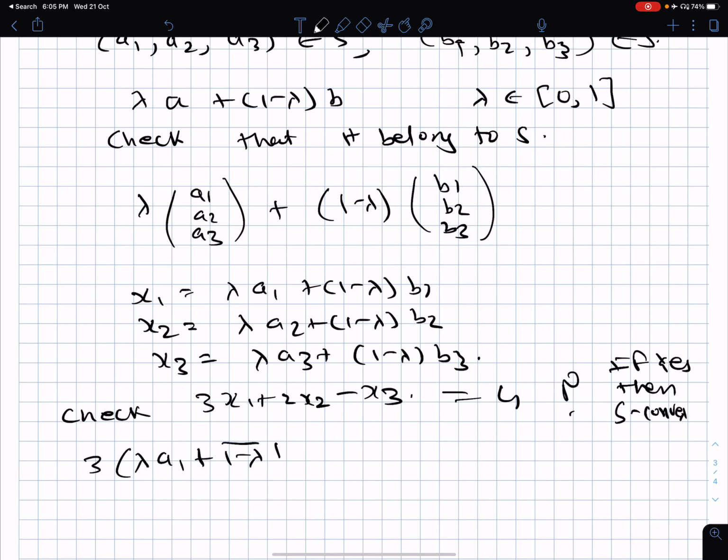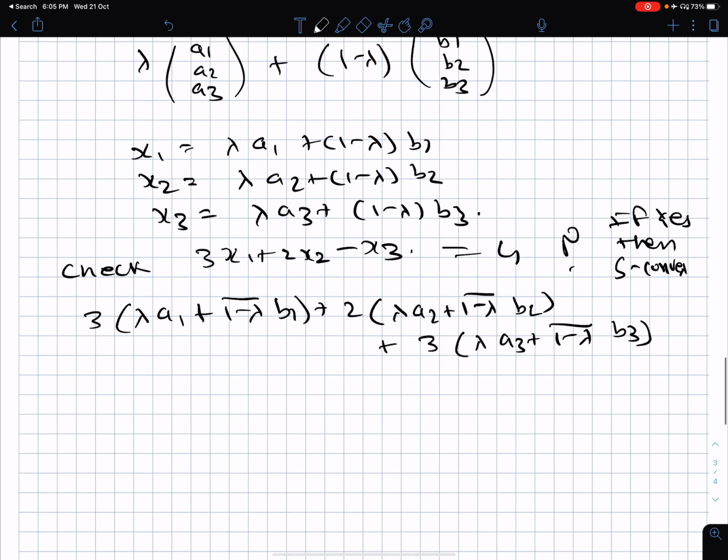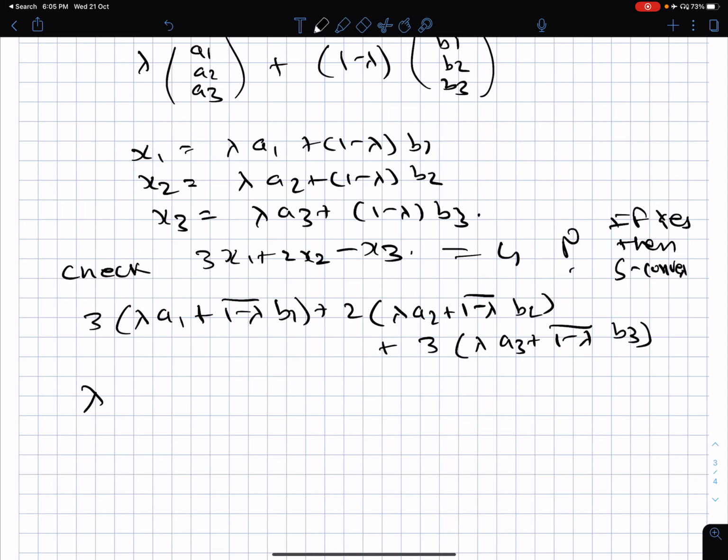So when I do that substitution, I get 3 times lambda A1 plus 1 minus lambda B1, plus 2 times lambda A2 plus 1 minus lambda B2, minus lambda A3 plus 1 minus lambda B3, and then I separate out the terms which are common with respect to lambda. So 3a1 term comes from here, 2a2 term comes from here, and the a3 term comes from here.